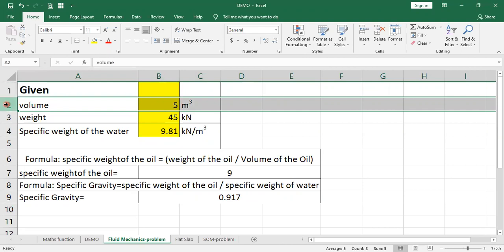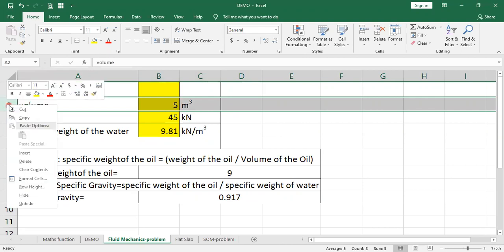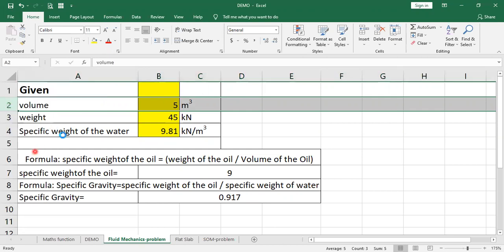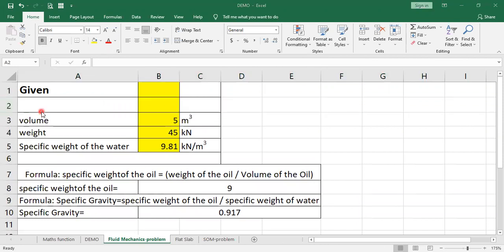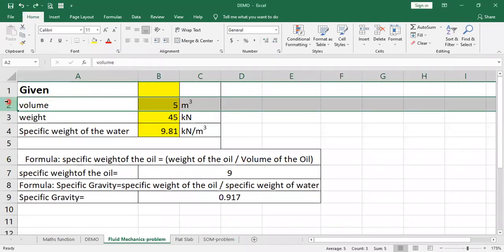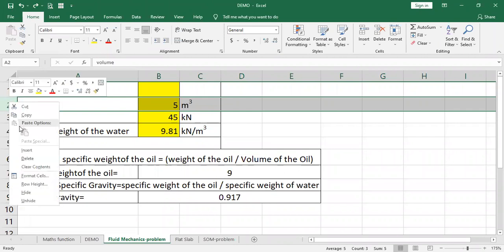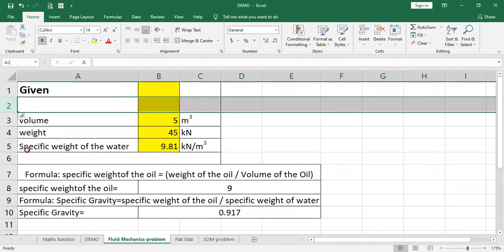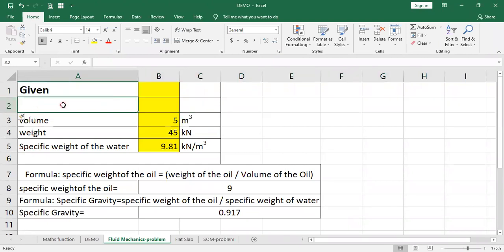I will click on the second row, right click on it, and click the insert command. Now here you can write: these are the parameters.